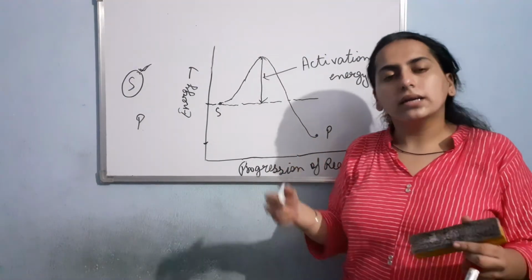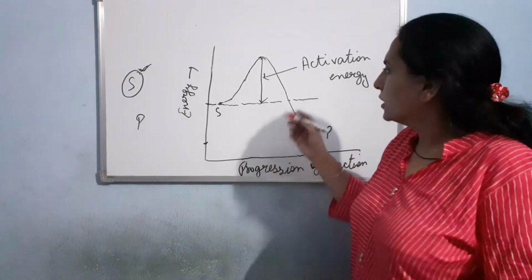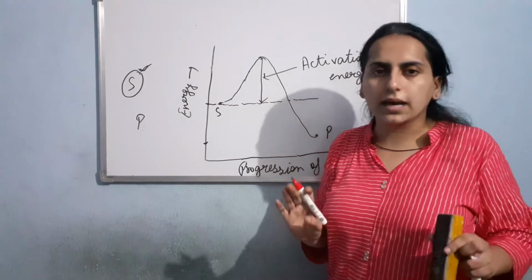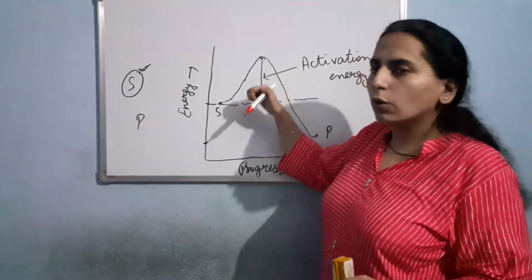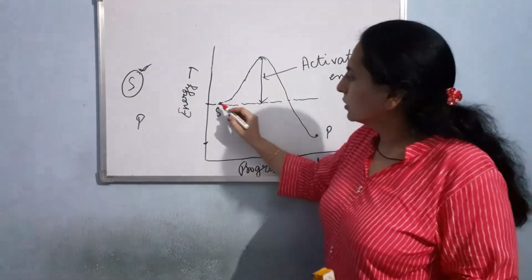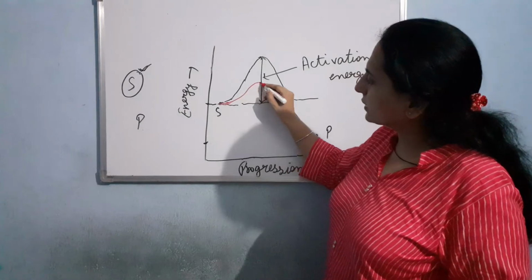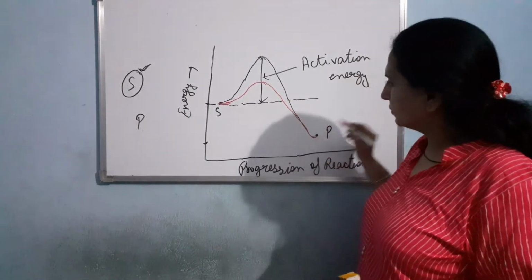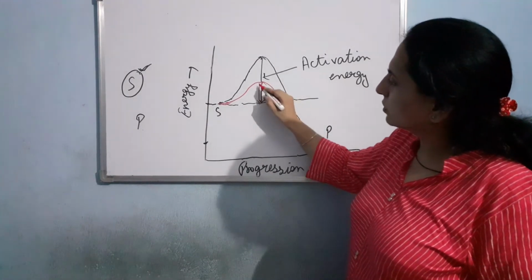Now what is the enzyme doing? The enzyme lowers the activation energy. Suppose if this reaction is catalyzed by an enzyme. Now what will the enzyme do? It will lower down the activation energy. Now the same substrate is there, but now the activation energy is like this. Is it fine? Now the activation energy is this much.